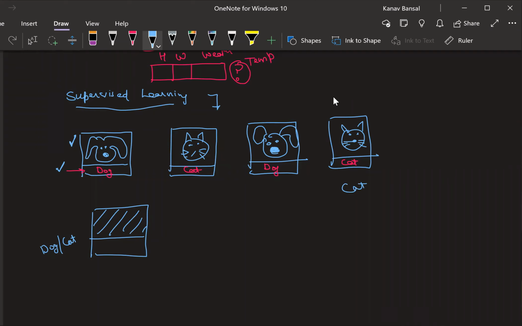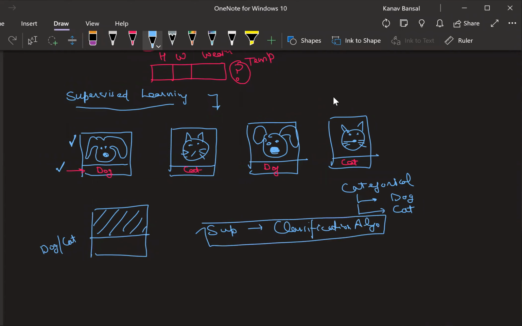There are two categories only: dog and cat. So you can solve this problem using a classification algorithm. In supervised learning, you have classification algorithms. Is the concept of classification algorithms and supervised learning clear to everyone?